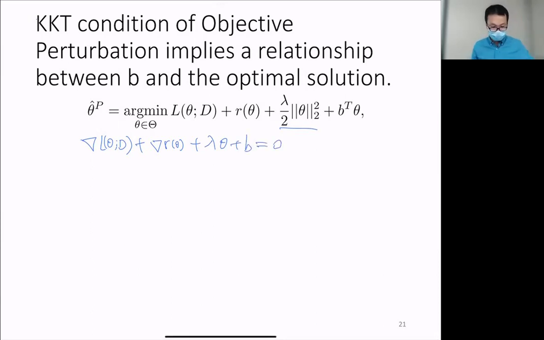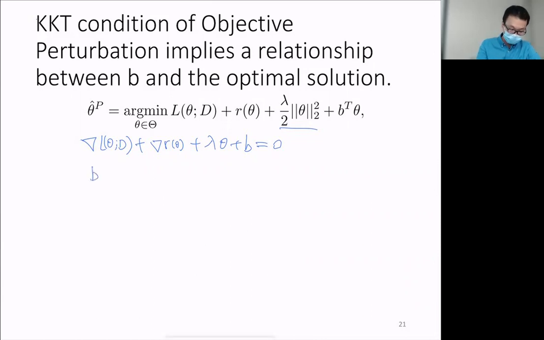Okay, and what we can do is write this noise b as a function of theta, because whenever we get a b, we can solve this nonlinear equation to get theta. Let's write b as a function of theta, as an inverse of this function.